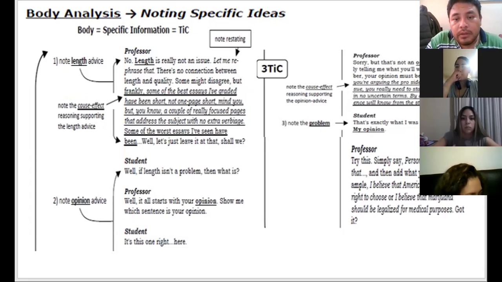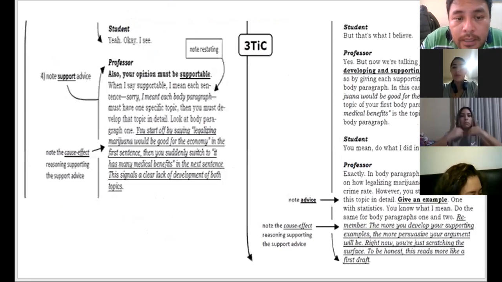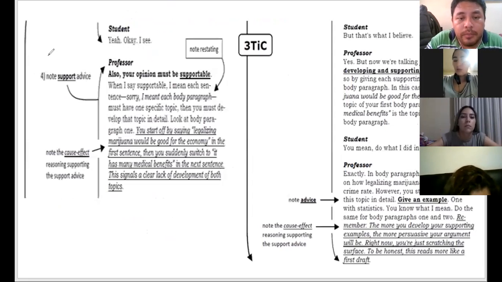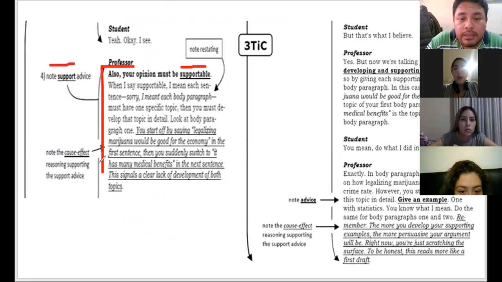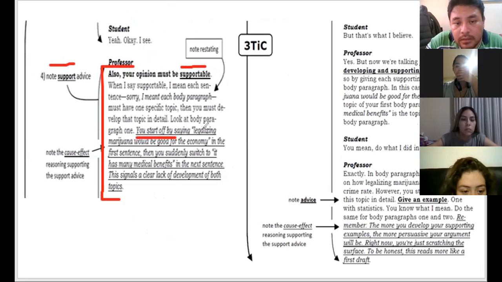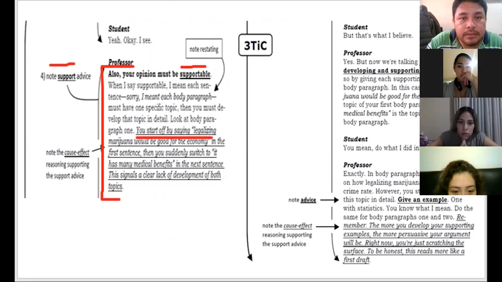Now we have here the problem, and then another advice that supports. Also, your opinion must be supportable. It's part of the advice. So if you see it started for the paragraph, then is the next comment of the professor, giving cause and effect reasoning supporting the advice.